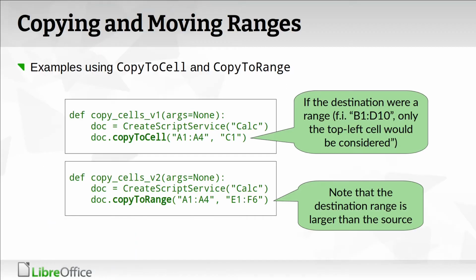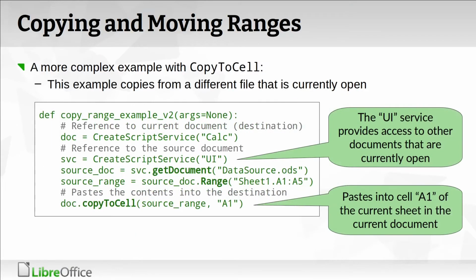Now, let's go back to the slides here. We're going to do a more complex example using CopyToCell. In this example, we're going to copy values from a different file. Suppose we have another file, which in this example I'm calling datasource.ods.